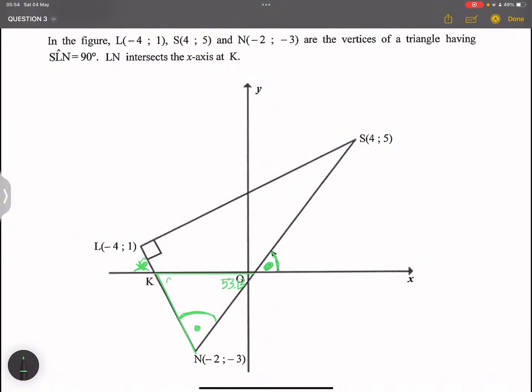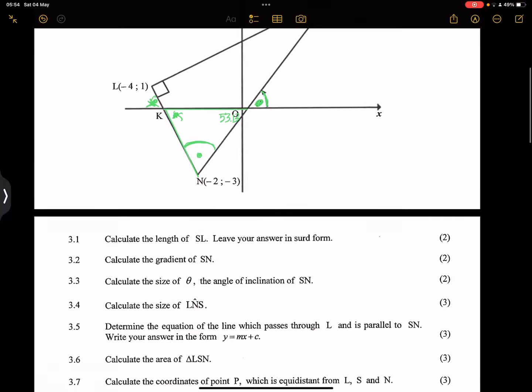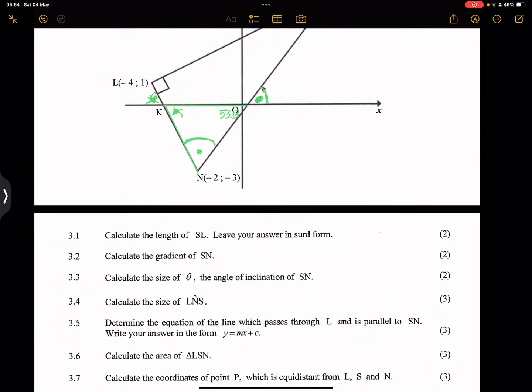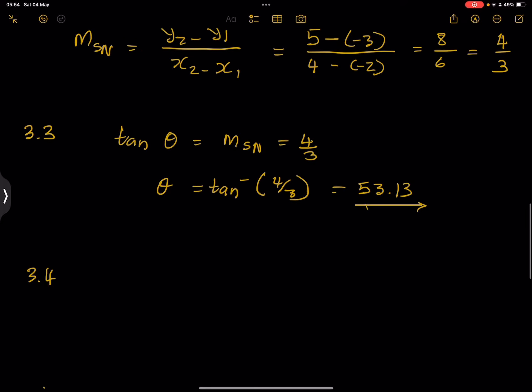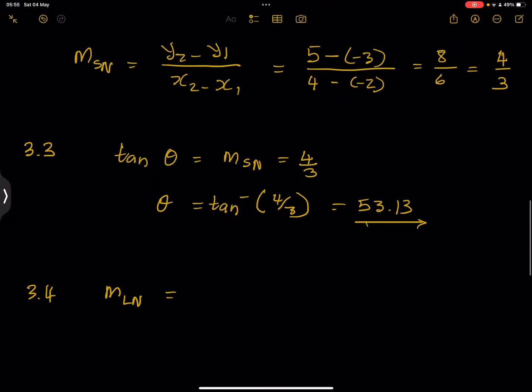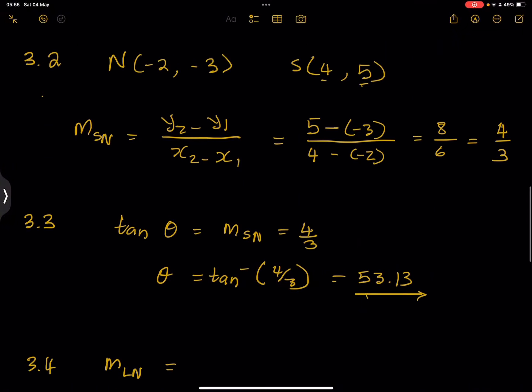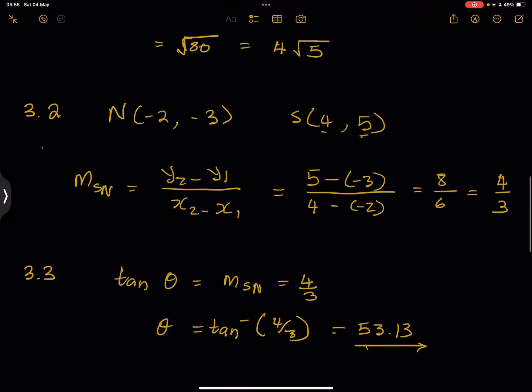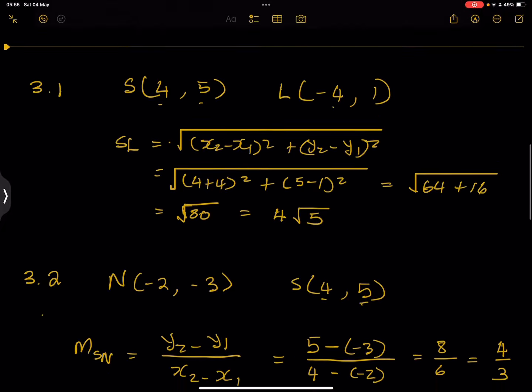All we need to get is that other angle, so let's do that first. Let's say the gradient of LN, so y2 minus y1. Remember the coordinates of L, we had them as (-4, 1).